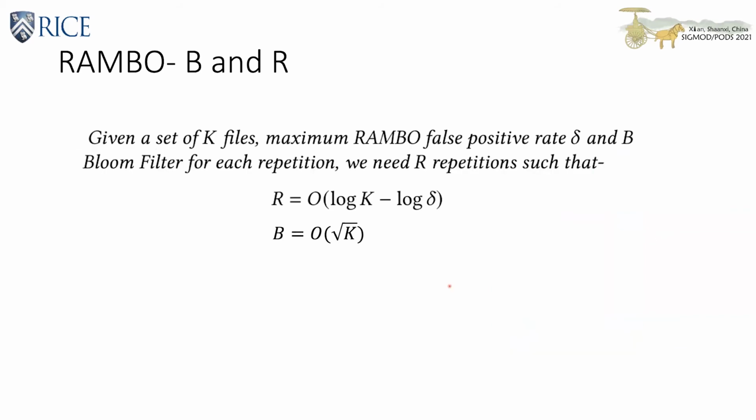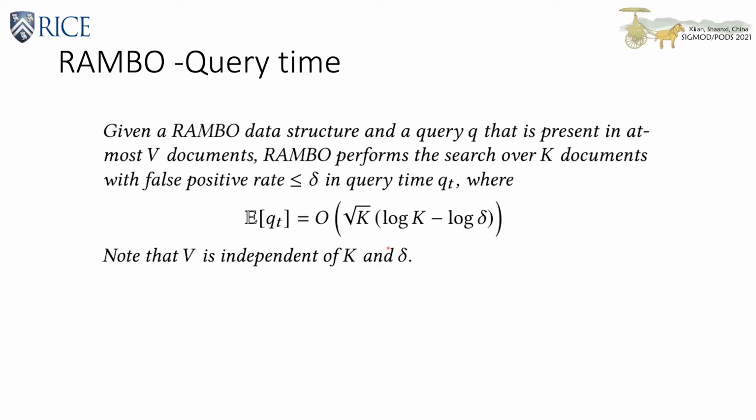So we did the math and found out that we need order of log k repetitions and order of square root k partitions to achieve a desirable false positive rate. As an implication of the previous result, and as the query time is mostly Bloom filter checks, which is B times R in number, the query time is order of square root k times log k.